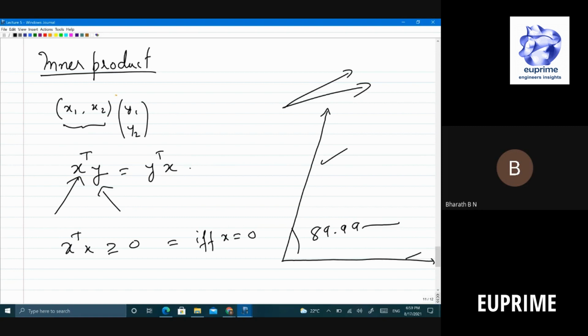So it's a function, a map, mapping two vectors to a number. These are the properties: it's linear in the first element, linear in the second element. f of x comma x is always non-negative, equal to 0 if and only if x equals 0, and f of x,y is the same as f of y,x. This kind of a function. Any function that satisfies these properties, think of it as an inner product.